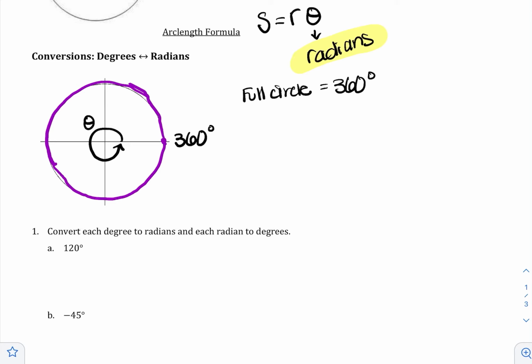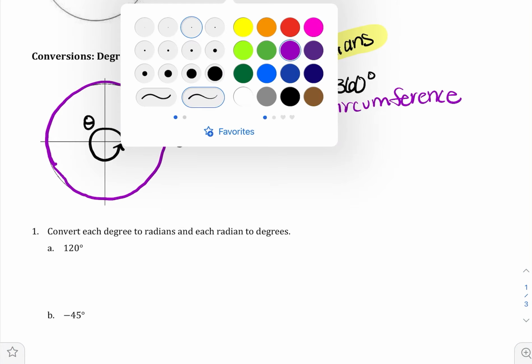So my arc length is the full circle, the outside of the circle. And so the entire outside of the circle is also called the circumference. And this only happens again if the angle is 360 degrees. So my angle has done 360, my arc length is the circumference. This is the biggest arc length you can have.